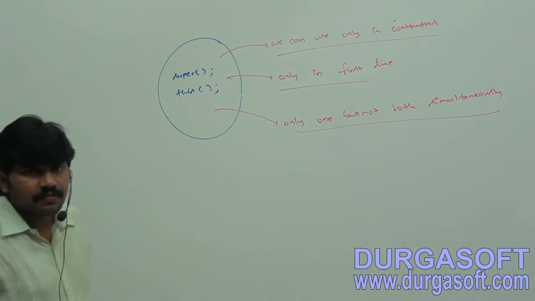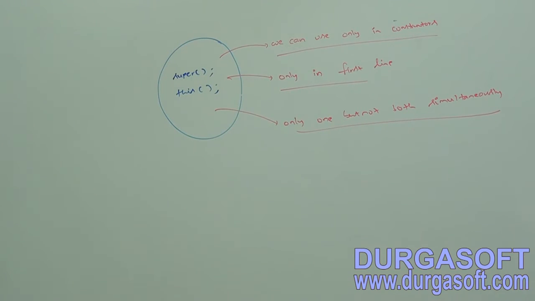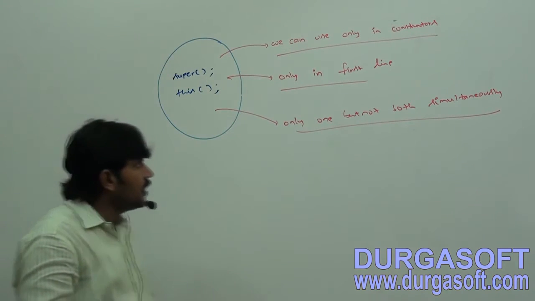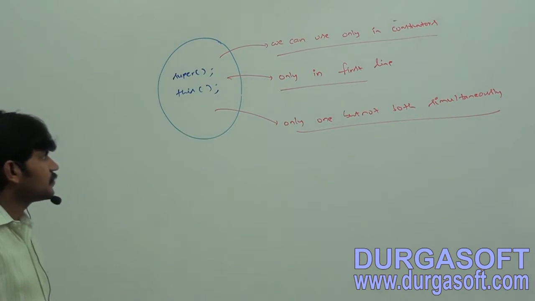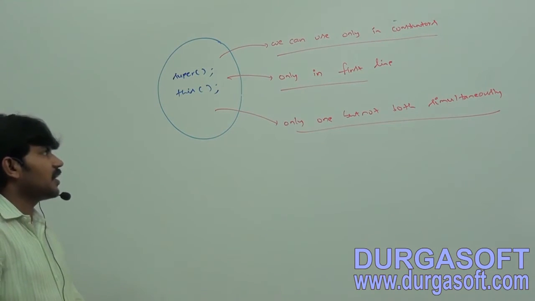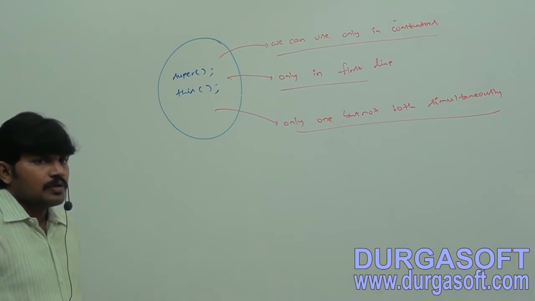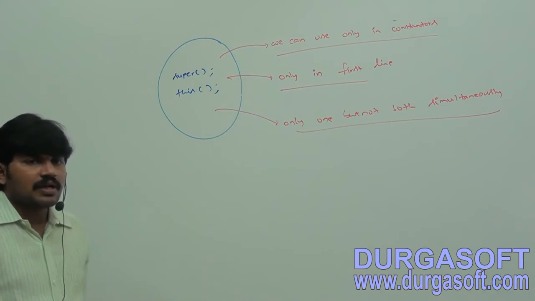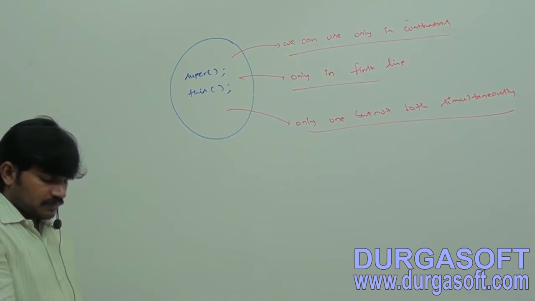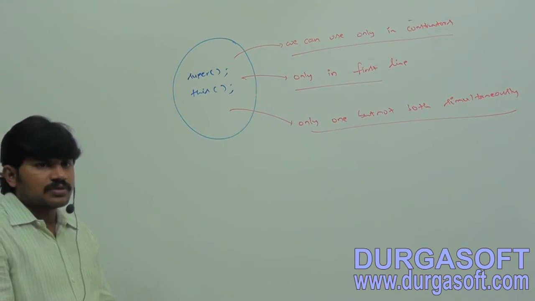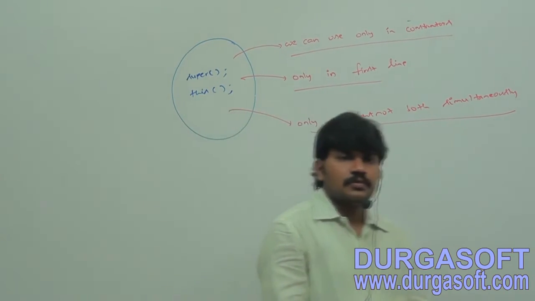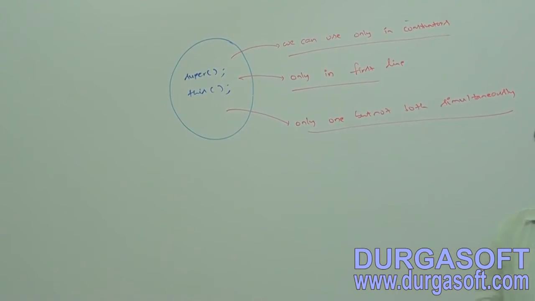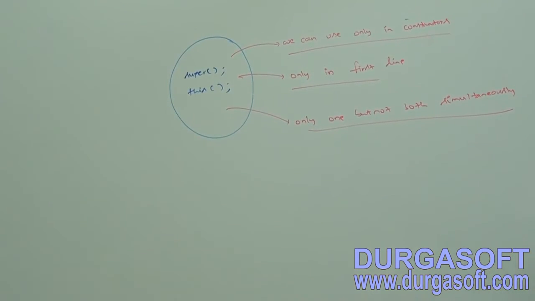Okay, take this summary. Super or this: we can use them only in constructors, only in the first line, only one, but not both simultaneously.